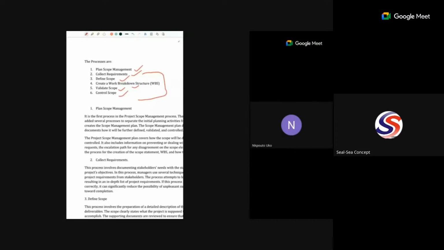Planning will let you know how you will collect all the requirements. These are the things that you do when you are making the plan for your scope management. How do I want to collect the requirements? What do we call requirements in a project? The requirements are the expectations of the stakeholders. Imagine that you have 5 stakeholders on the project. Every one of them, you really want to know what their expectations are.